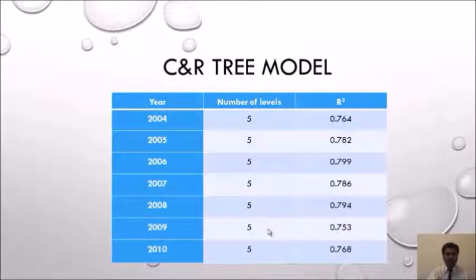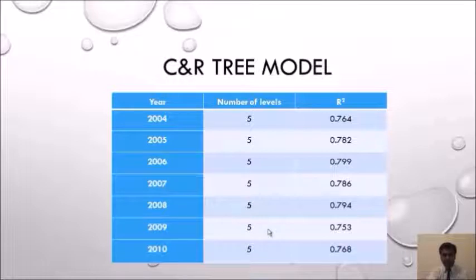Here are the R square values for the models built for the years 2004 to 2010. We see values ranging from 76 to 79 percent, which is 0.76 to 0.79, which is pretty good. Having an R square value of more than 60 to 70% is very good.